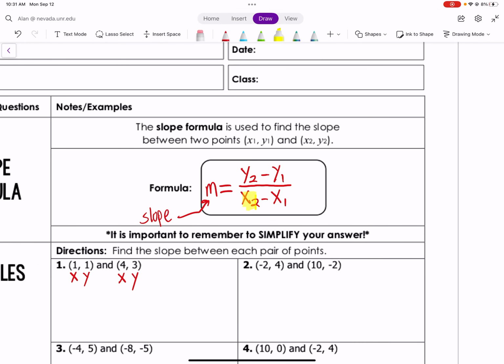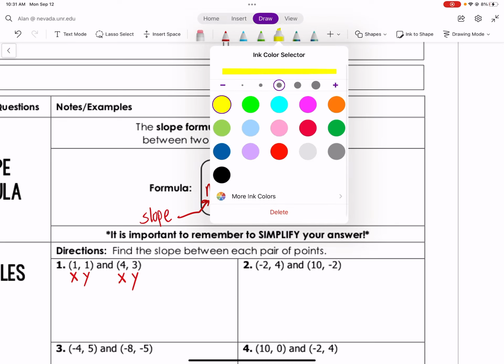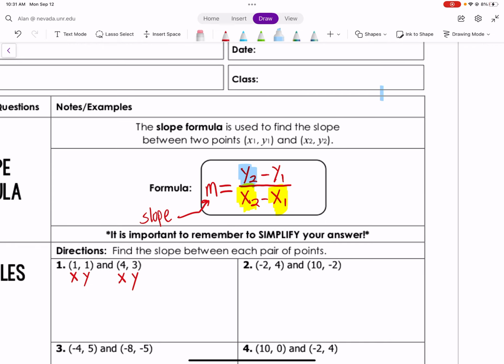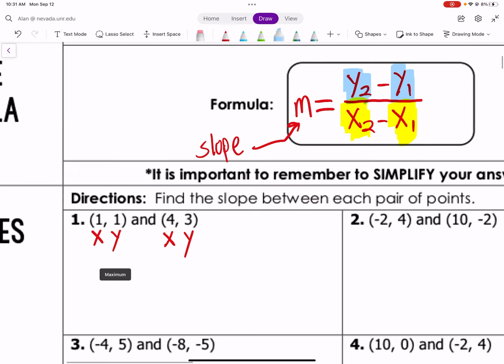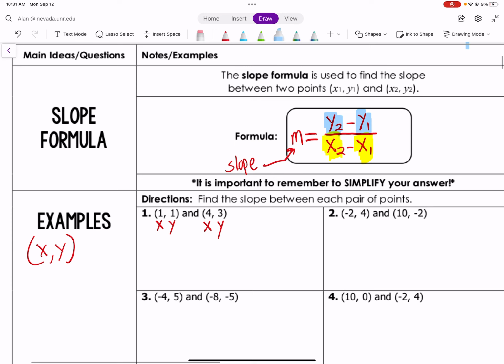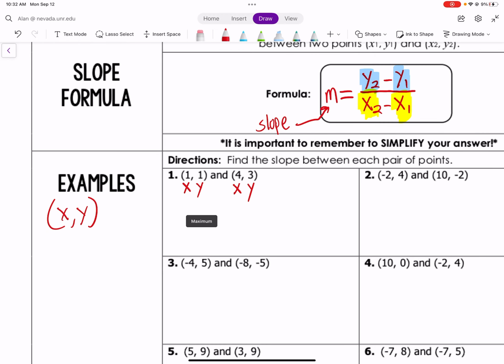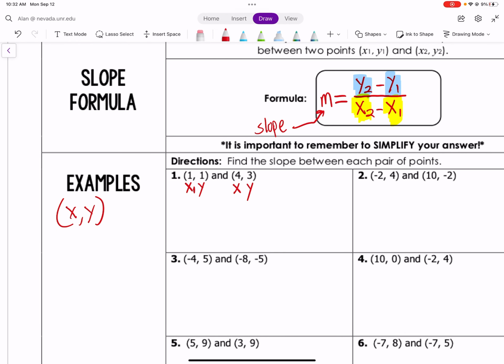I have an x2, and we have an x1. We also have a y2 and a y1. So we've already labeled our x's and our y's, but we need to distinguish which one is going to be our x1, y1, and which one is going to be our x2, y2. And it doesn't matter which one we choose. I always just like to pick the first point that comes to be our x subscript 1, our y subscript 1.